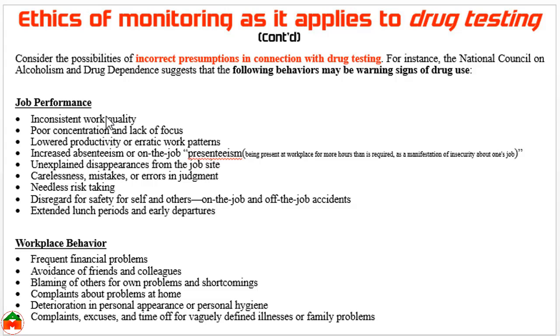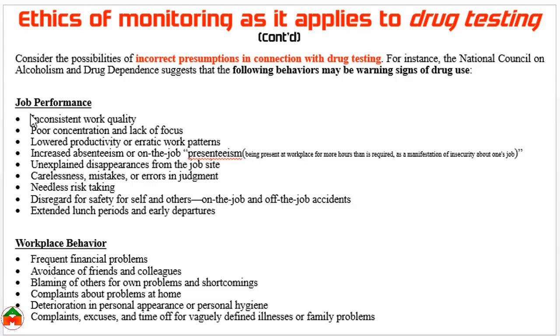We can see some impacts of using drugs by the employees, but an employer should be cautious, because there may be incorrect presumption in connection with the drug testing. These are some impacts which arise from the use of drugs, but drug use is not the only source of such impact or such behavior.